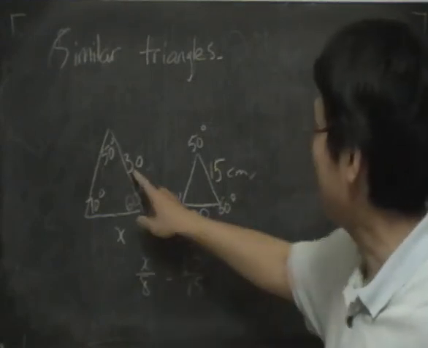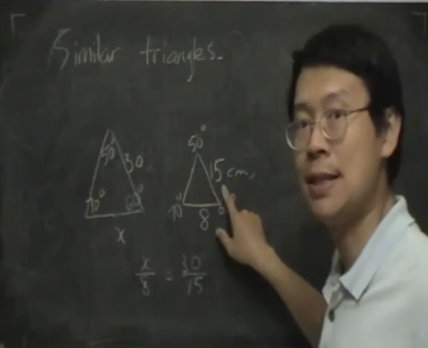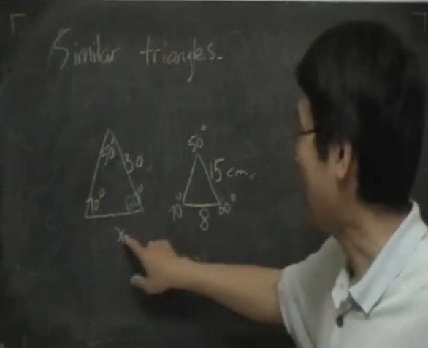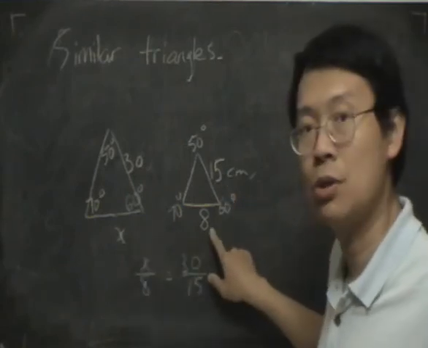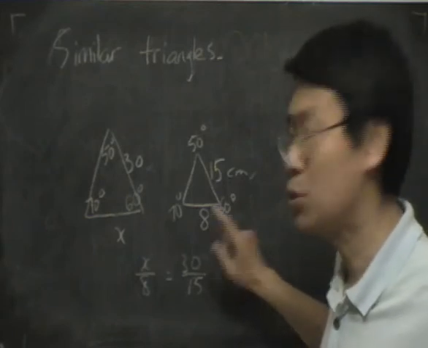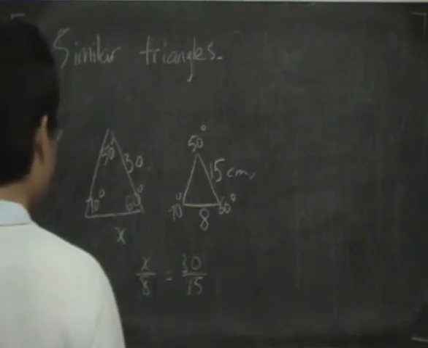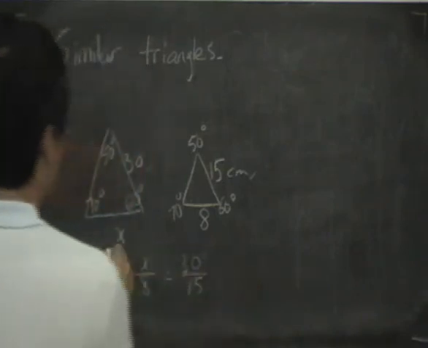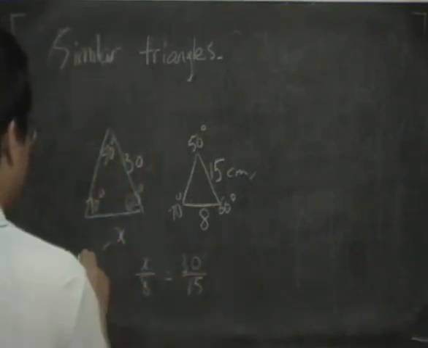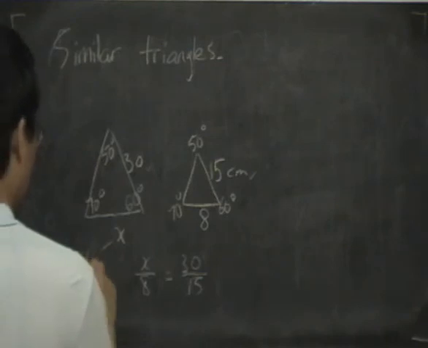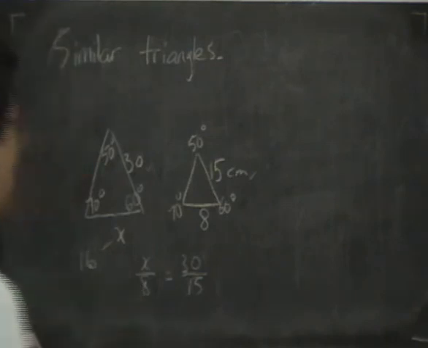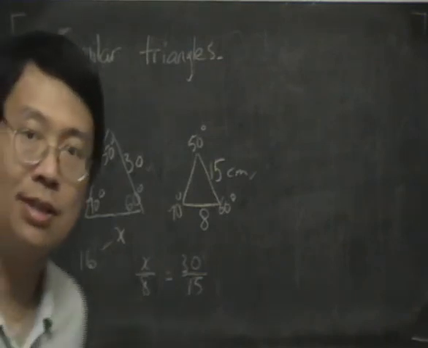So this side is 2 times of this side. Therefore, x must be 2 times of this side. x must be 2 times 8. 2 times 8 is 16. So the answer is 16.